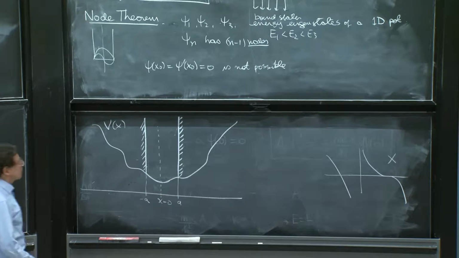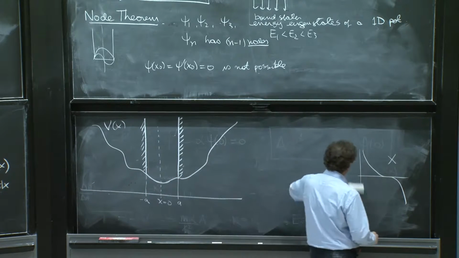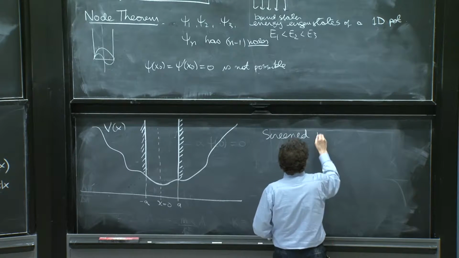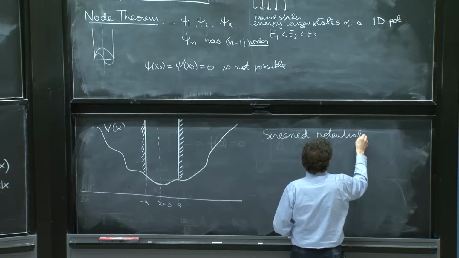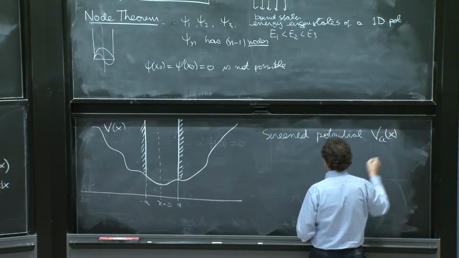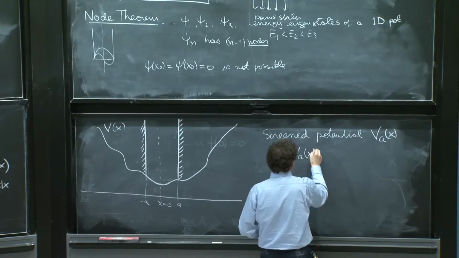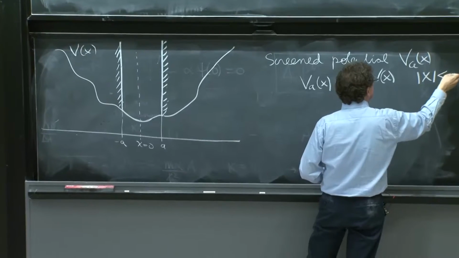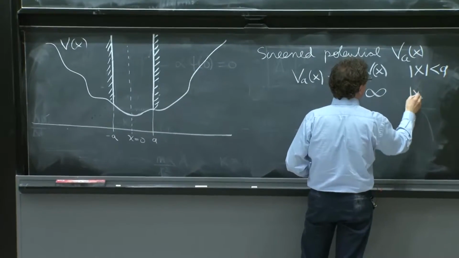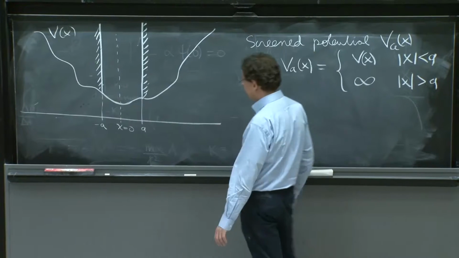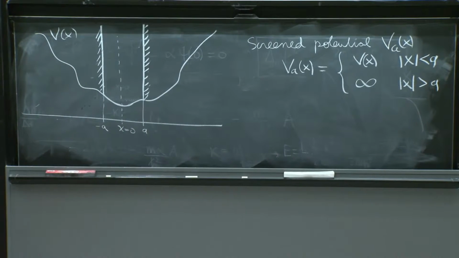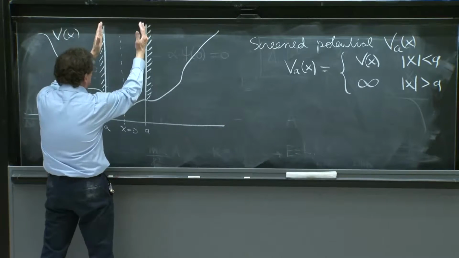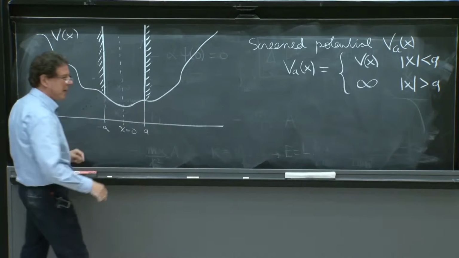So this will be called the screened potential VA of x, in which VA of x is equal to V of x for x less than a, and it's infinity for x greater than a. So that's a potential in which you turn your potential into an infinite square well whose bottom follows the potential. It's not flat.